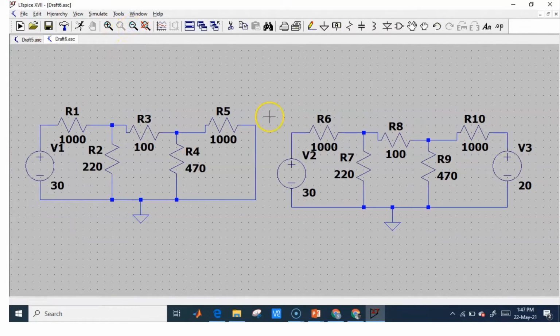Here, now let us short the 30 volt and keep the 20 volt in that circuit. Now let us check the voltage of 220 ohm in each circuit individually, and let's sum it up and check whether we are getting the same answer. Let's run it for 1 second.